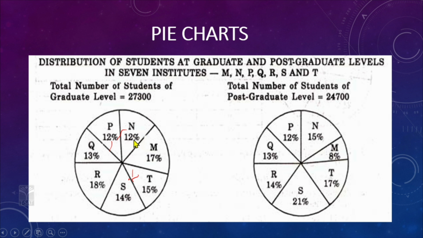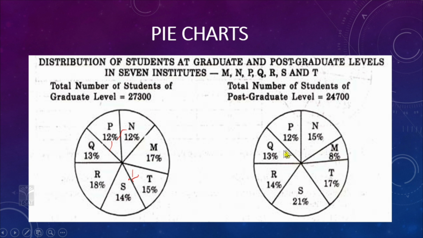So in the institution N, there is 12% at the graduate level. Which college has the maximum number of admissions at postgraduate level? Here it is 12 and this is also 12, the same, this is 17, 13, 18, 14, 15. So the institution R has the maximum number of admissions at the graduate level, 18%.